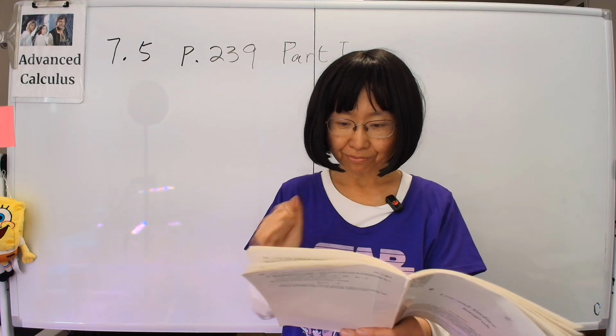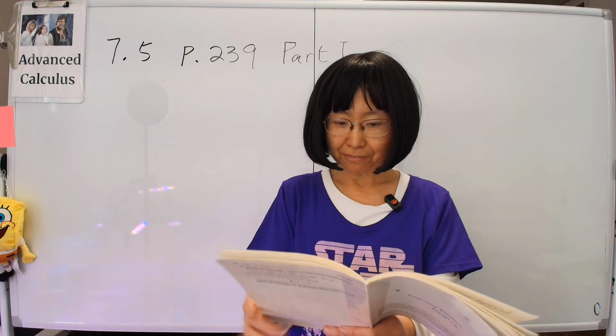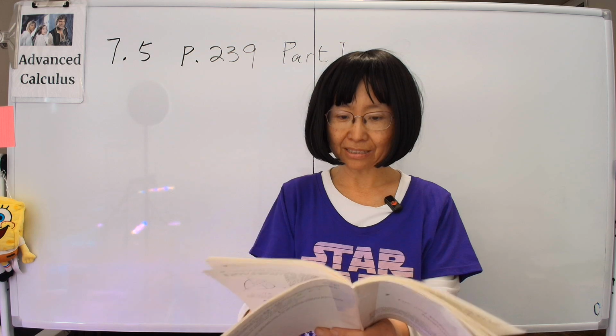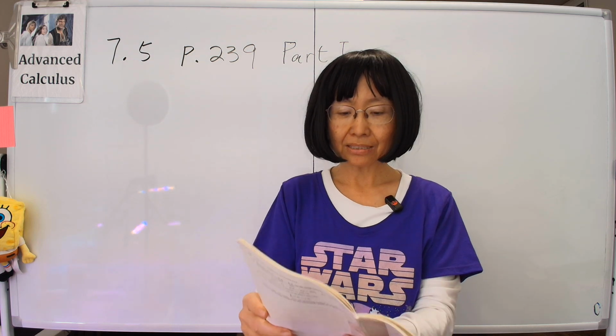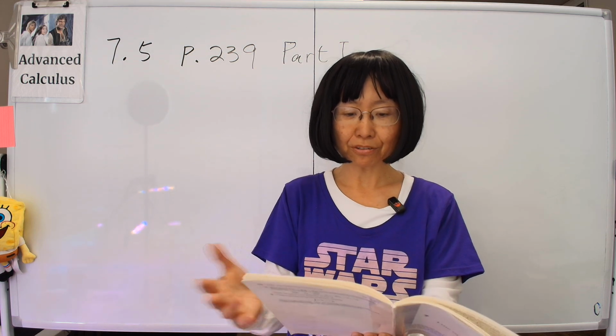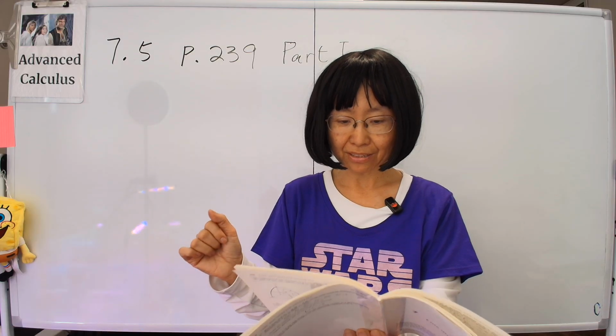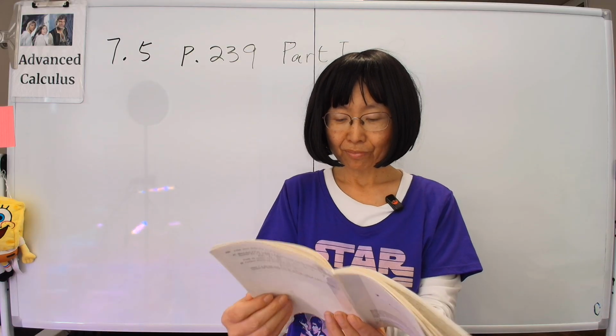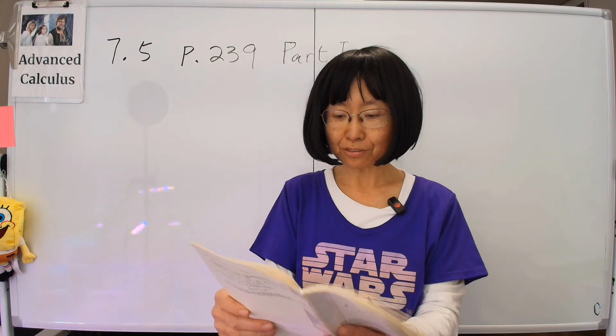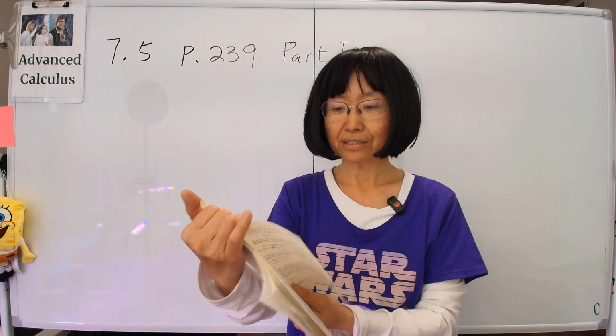All right, so in that case, let's take an example. Let's say g(u,v) is v cosine u, and h(u,v) is v sine u. Let's look at the following page.